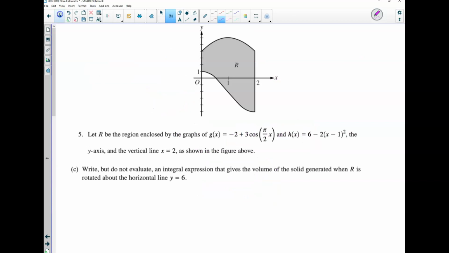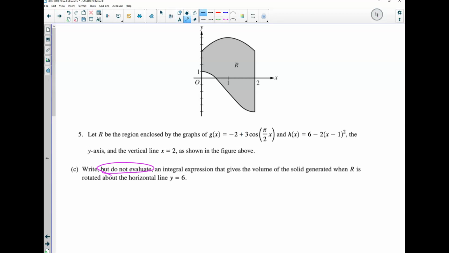Then we come down to number 5 here. And now, oh, thank you. Write, but do not evaluate, an integral expression that gives the volume of the solid generated when R is rotated about the horizontal line y equals 6.